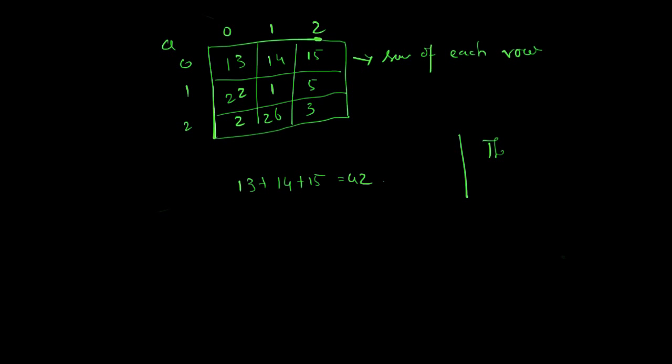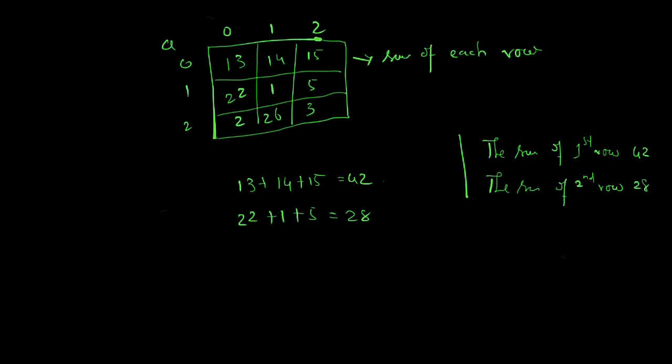The sum of first row is 42. After printing this, I have to go and find the sum of the second row, that is 22 plus 1 plus 5, which is nothing but 28. After finding this value, it has to print the sum of second row is 28.